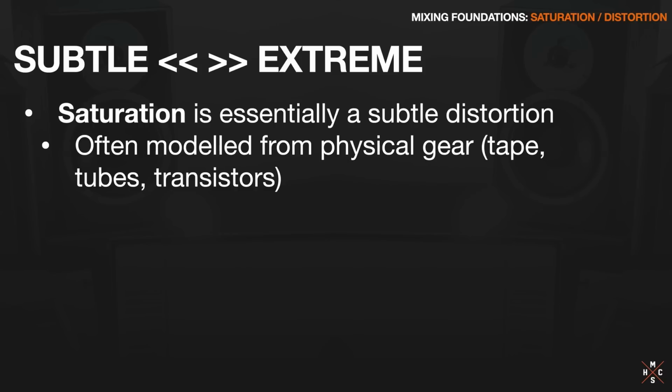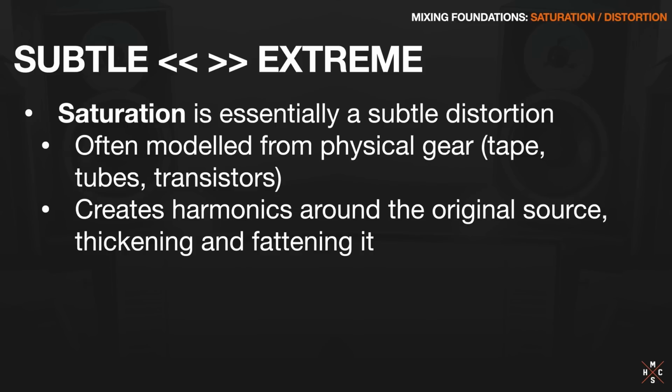And all these different materials and different gear through the years produced a different type of distortion and saturation. Essentially what it's doing is creating harmonics around the original source signal, which means it kind of has the effect of thickening it and fattening it. And like I said in the first mixing weapons video, I like to reach for saturation when I like how something sounds, so I don't really want to EQ it, but I just want it to be more of what it already is.